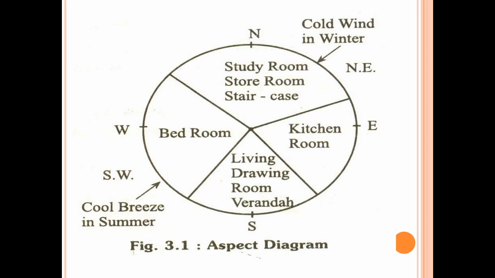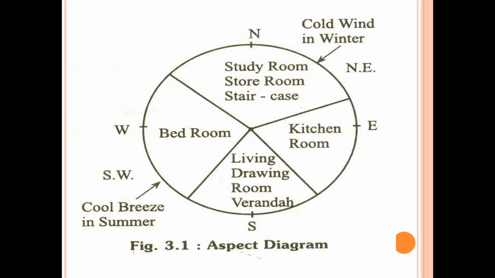So here you can see the aspect diagram. This particular aspect diagram has been prepared by considering the Indian conditions, because different countries have different conditions. Our country is located in the northern hemisphere.